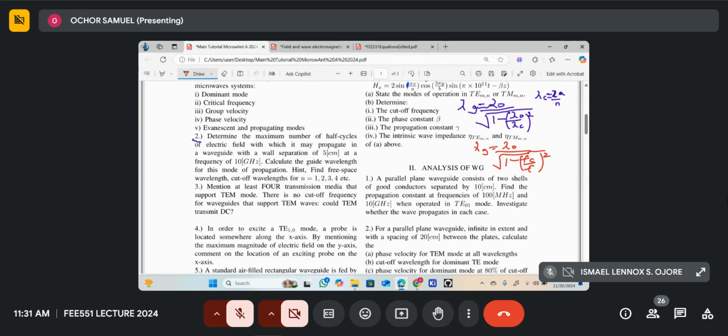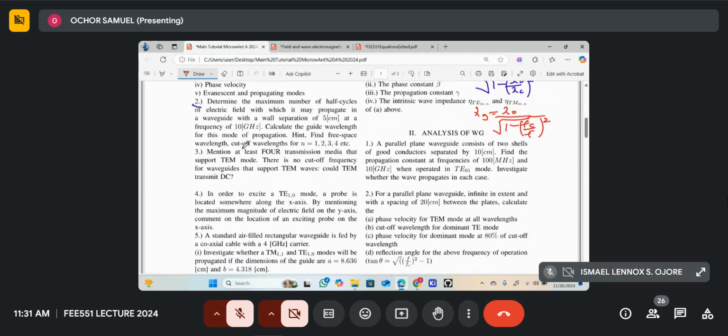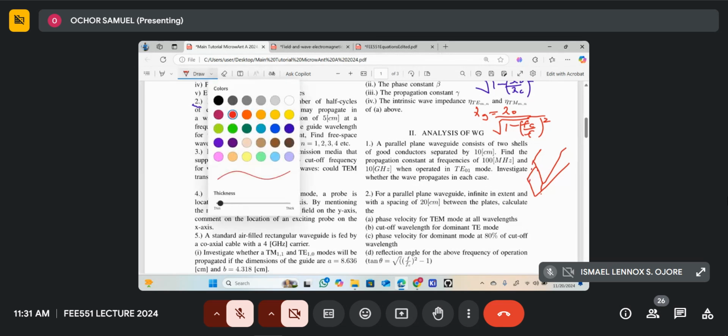Okay. So if you were to sketch this, because we're seeing a wall separation of 5 centimeters, would I be wrong if I say it's a parallel plate? You are correct, it's parallel plate.